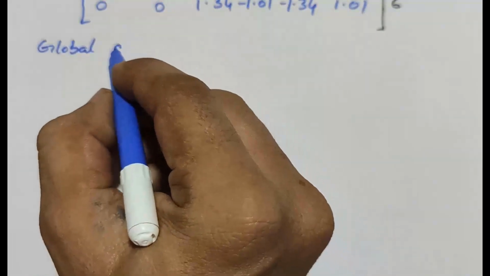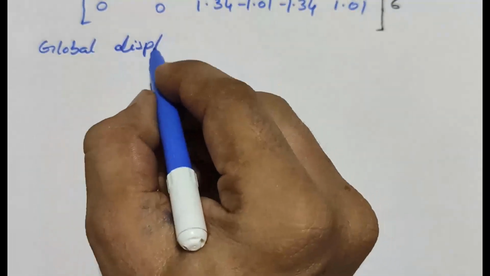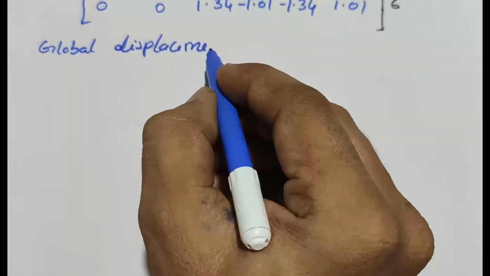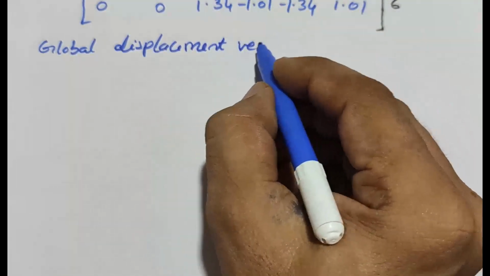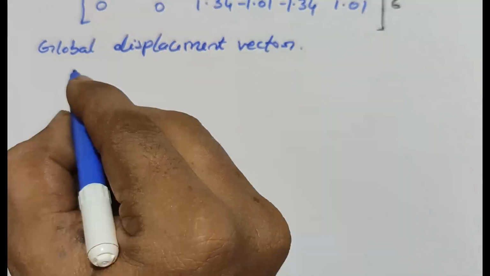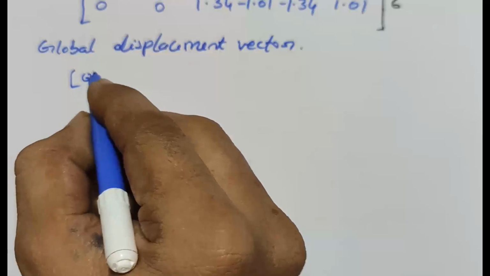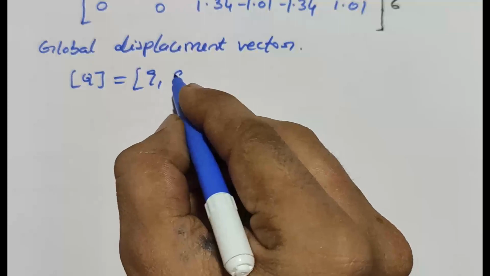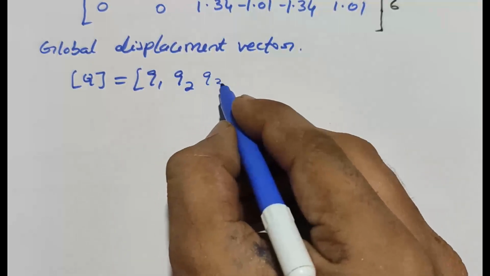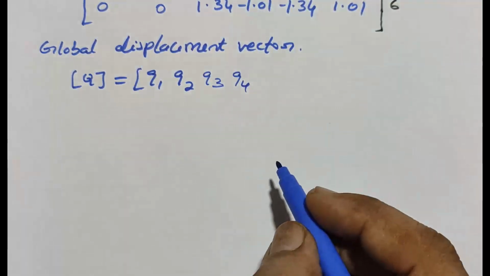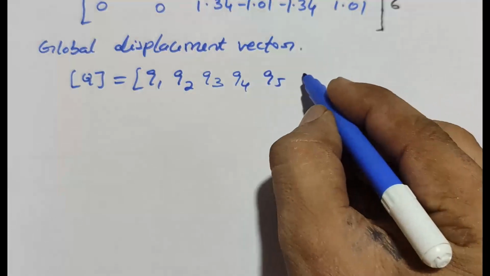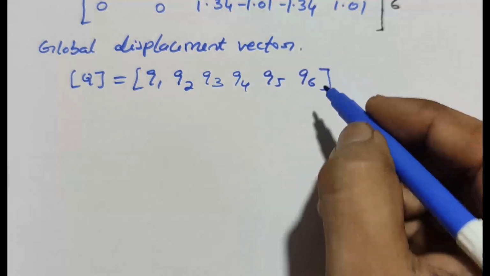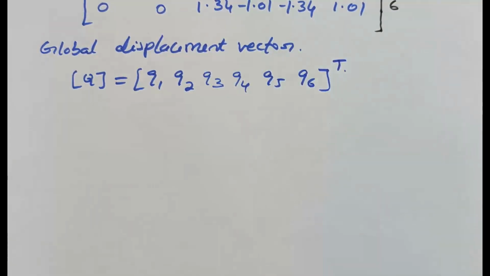Global displacement vector Q is equal to Q1, Q2 at node number 1, Q3, Q4 at node number 2, Q5, Q6 at node number 3 transpose.